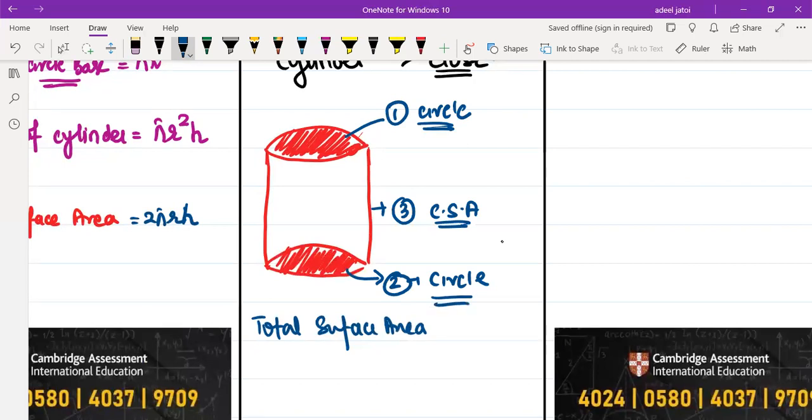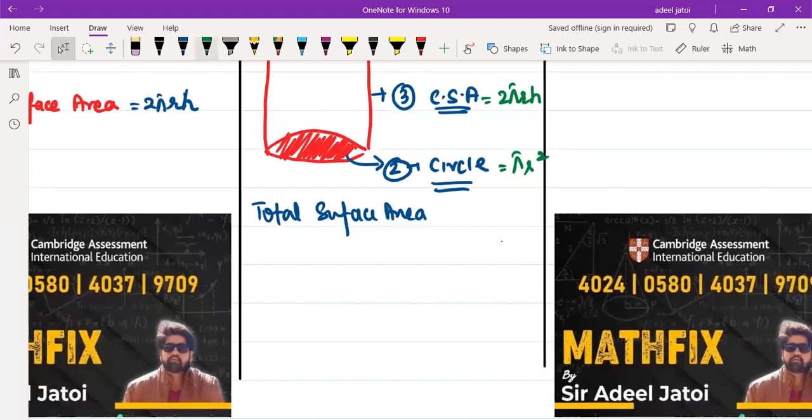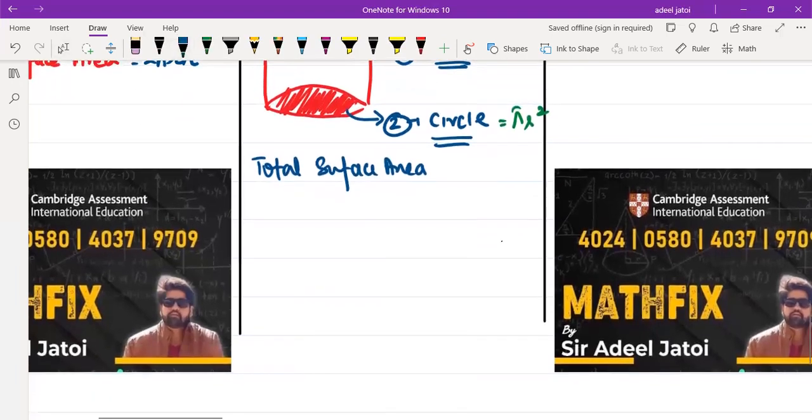So if I want to take out the area of all this, the circle area is pi r square, the curved surface area is 2 pi r h, and the circle area is pi r square. If I want to find out the total surface area, it should include two circles.